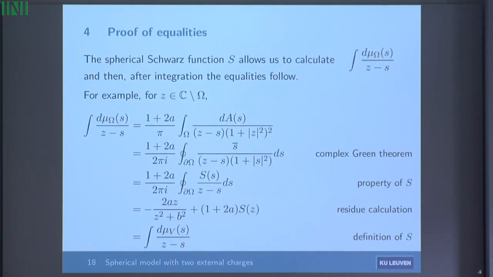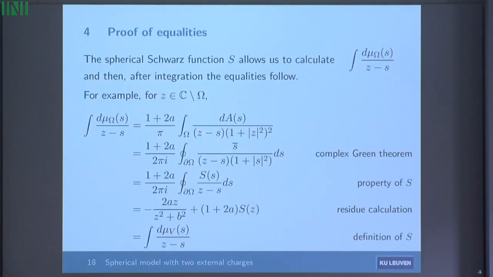This is pretty standard for people who know how things work with the Schwarz function, but let's go through it anyway. So let's try to calculate this Cauchy transform now with this measure on the full ellipse, right? This is just a definition of this mu omega.